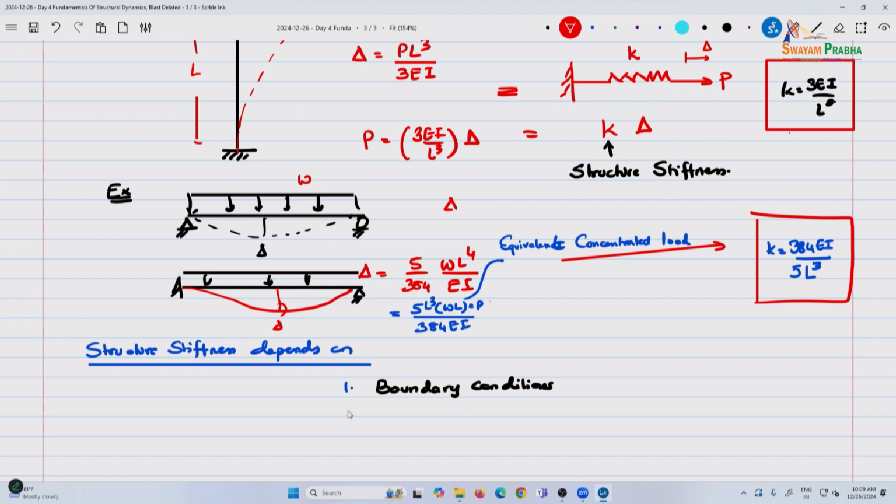What are the other factors? There are 4 factors that play a role. Load distribution, so type of load and its distribution. What are the other 2?